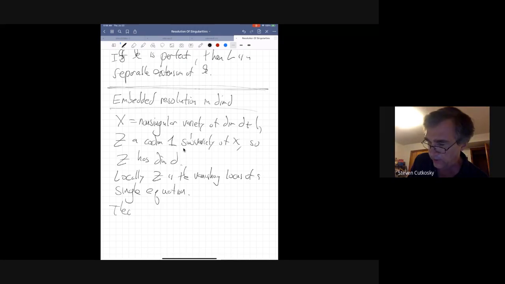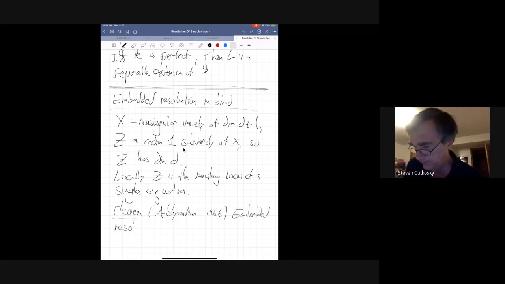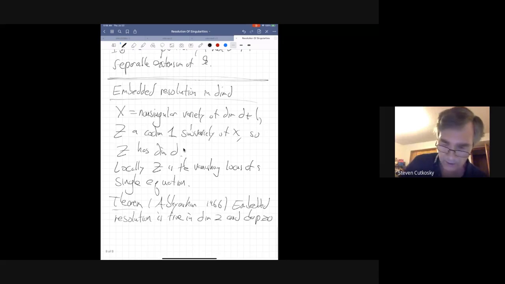Okay, and this is Abhyankar's proof of embedded resolution, in characteristic p, well, all characteristics.